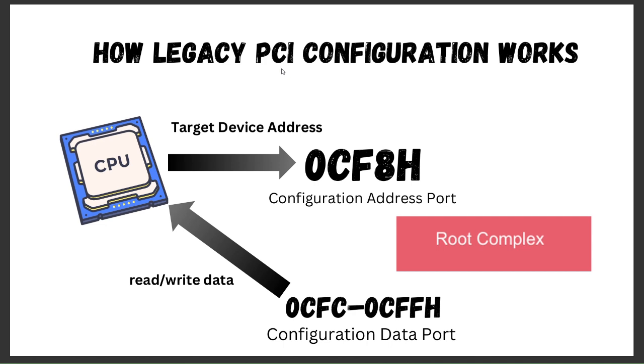The processor writes the target device address, which is the bus, device, and function number, to the configuration address port at a specific IO address, which is 0CF8H. Then the processor writes or reads the data from the configuration data port, which is 0CFC to 0CFFH. The root complex checks if the target bus is within the range, and if so, it initiates a configuration read or write request.